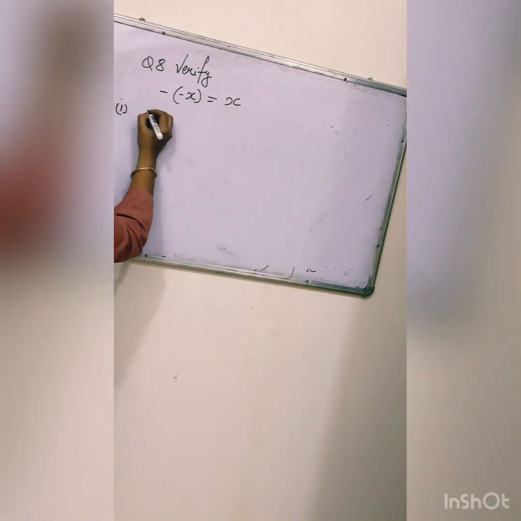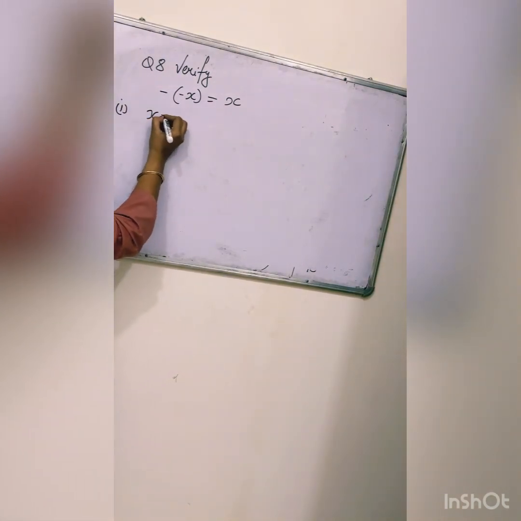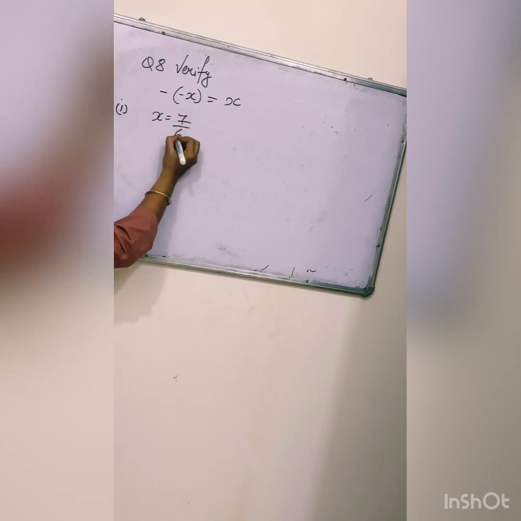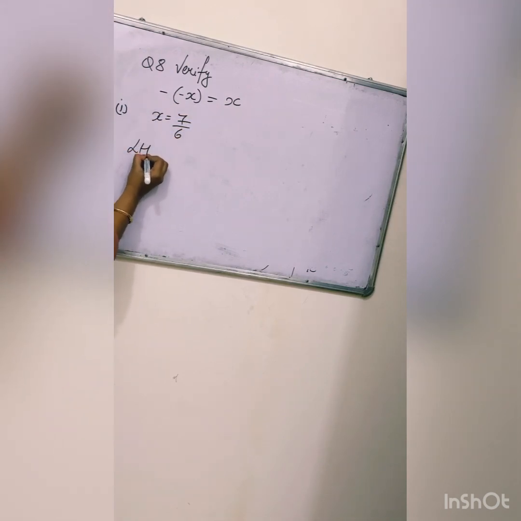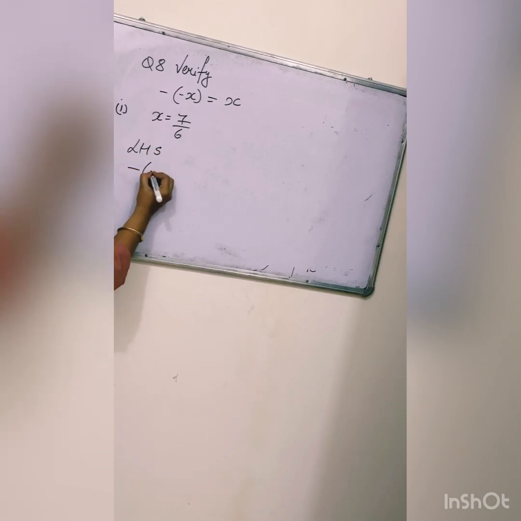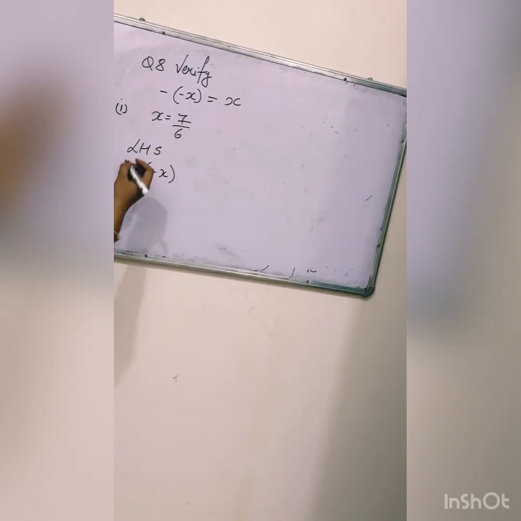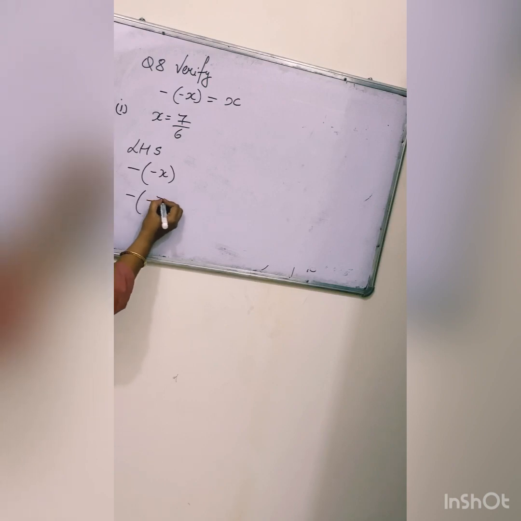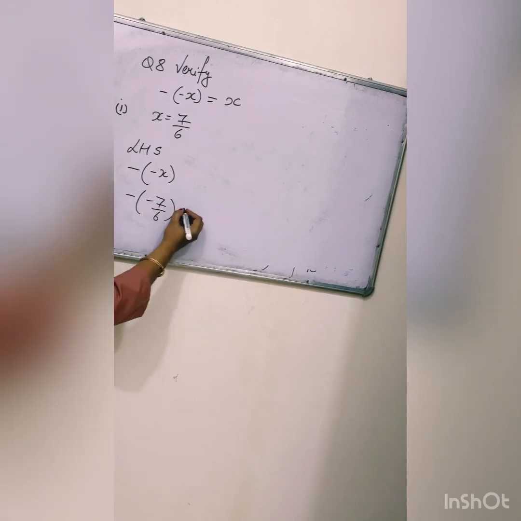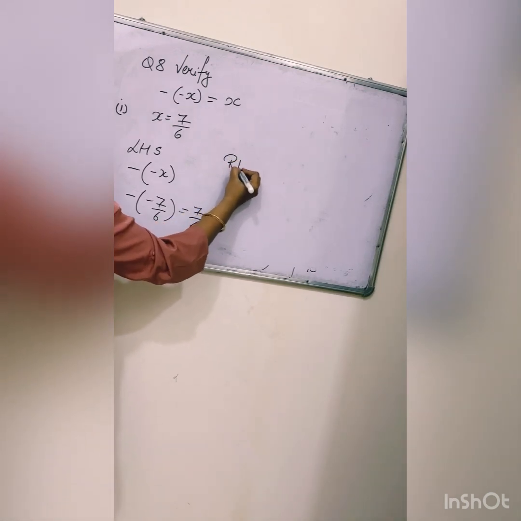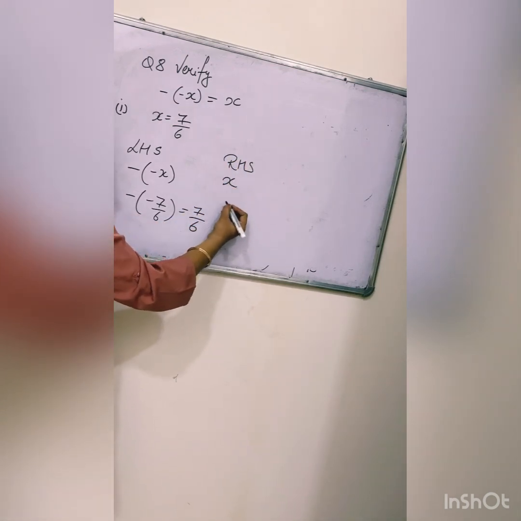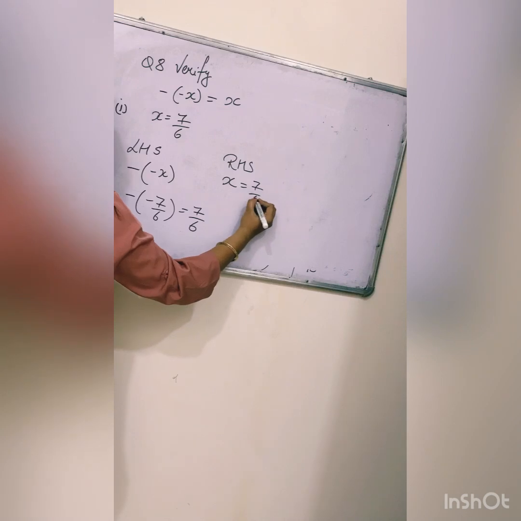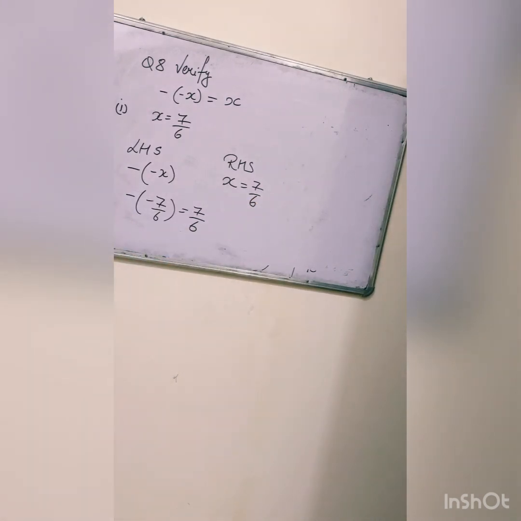For the first part, the value of x is given to us as 7 by 6. So let us pick the left hand side. Minus of minus x, we'll put 7 by 6 over here. Minus minus will be plus, so we got 7 by 6. Coming to the right hand side, that is simply x, which is equal to 7 upon 6.